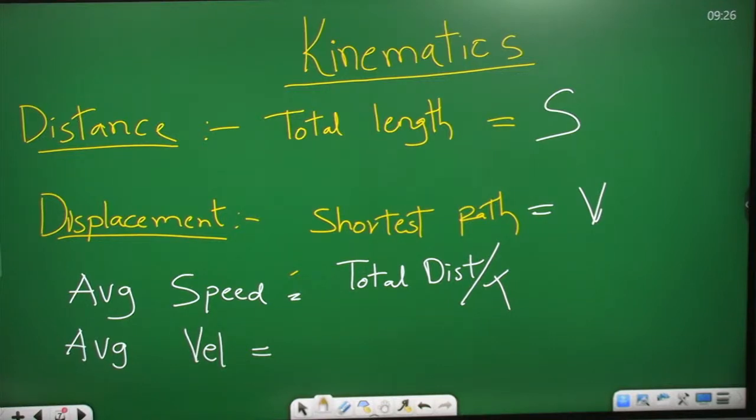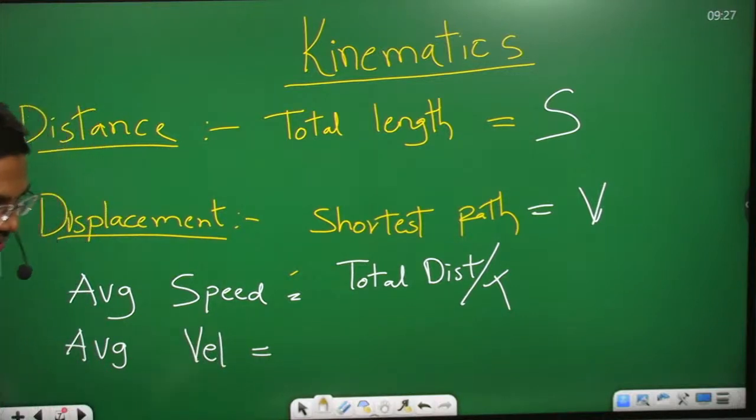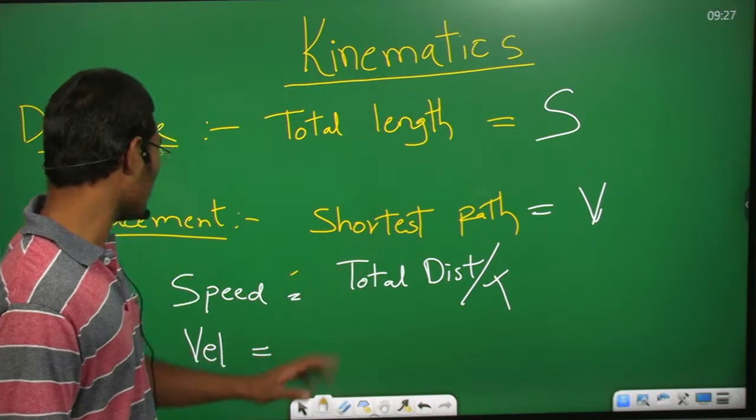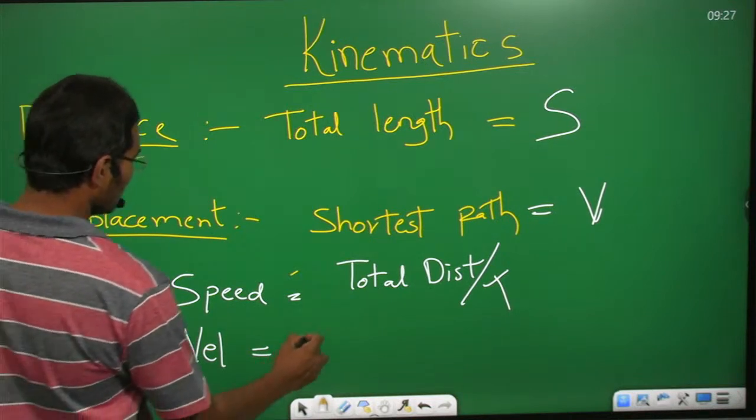Okay, I'm not trying to ask you the formula. How do you define average velocity similar to that of average speed? Yes, we have Uma, she said total displacement by total time.